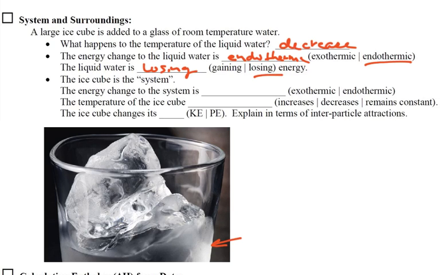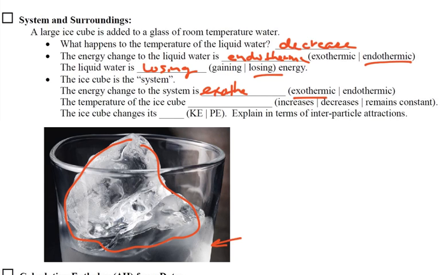Now, the ice cube is actually the system. So if we want to consider the ice cube, the energy change of the ice cube then must be exothermic, because that's what's giving off the energy. Okay, I just said that wrong.